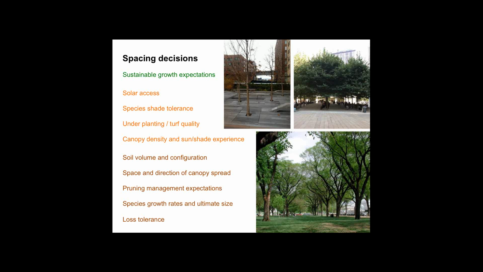And things like soil volume, the space and direction of the canopy spread, what are our pruning management expectations, and what is our tolerance for loss of any one tree. Each of those questions we have to ask ourselves as designers, and not just assume that if we put trees on very, very tight spacing that they will simply be a successful stand.